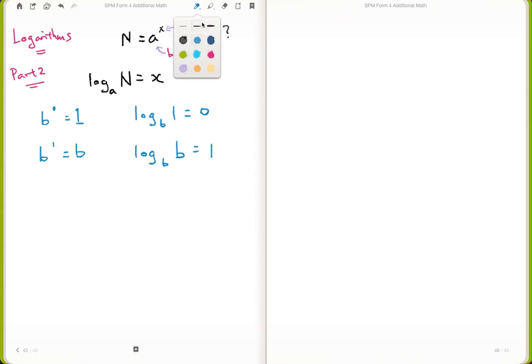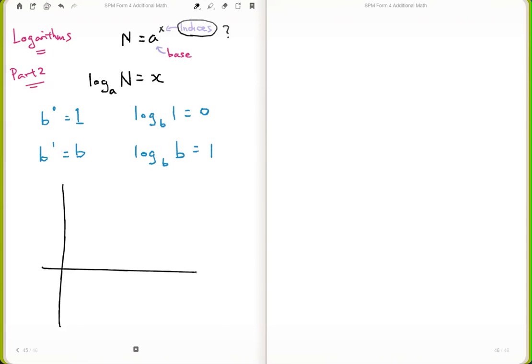Now, if you put it into a graph, it helps you remember easily. Suppose you have a graph. This is the positive x direction, and this is my positive y direction, which is log base 10 of x. When x is 1, you get a graph that cuts the axis here and approaches it.